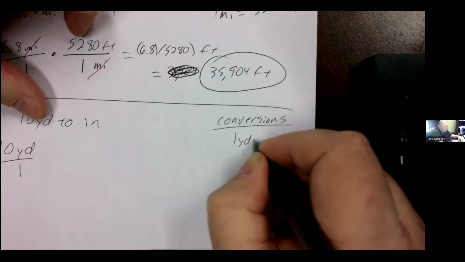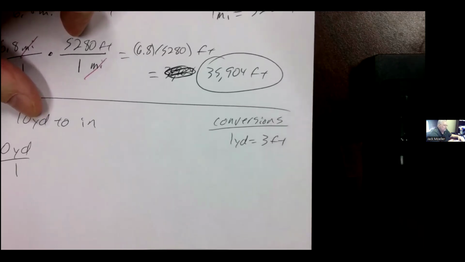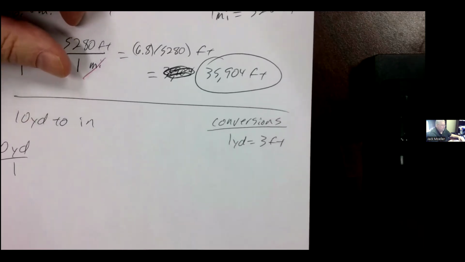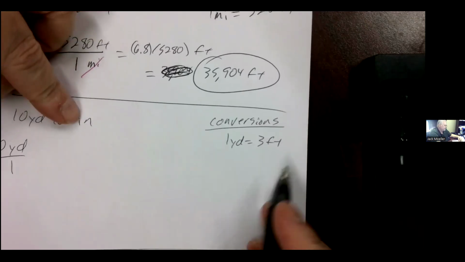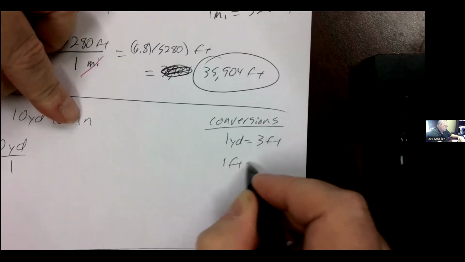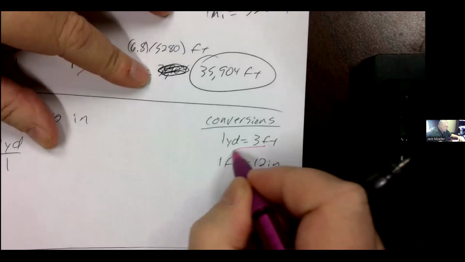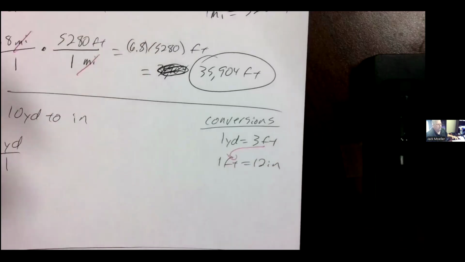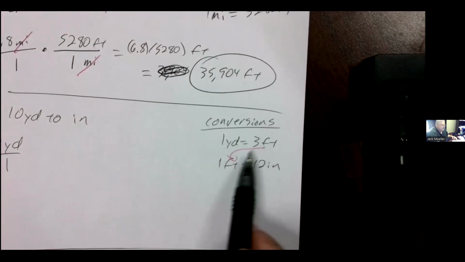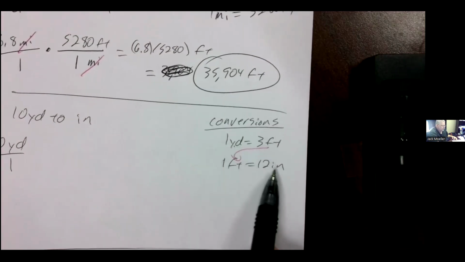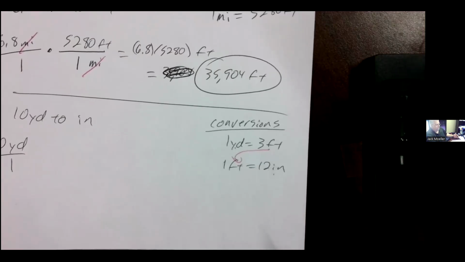Well, 1 yard is 3 feet. Well, how does that help us? Well, now we know feet to inches, so 1 foot is 12 inches. So basically, we're kind of chaining these together. We're using feet as an intermediate step to go from yards to inches.